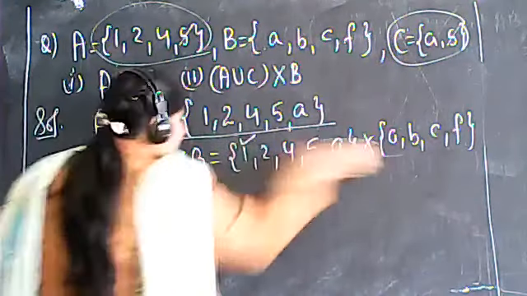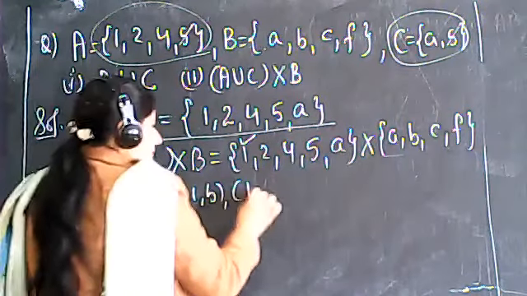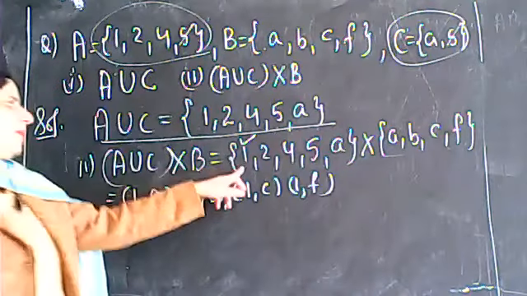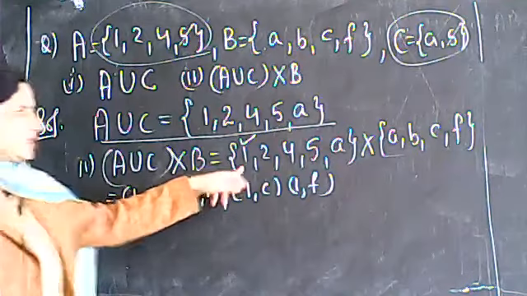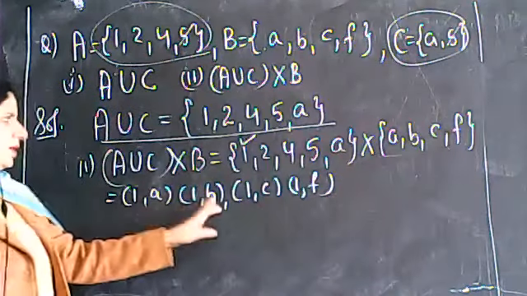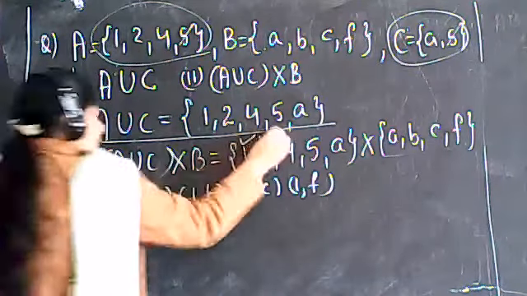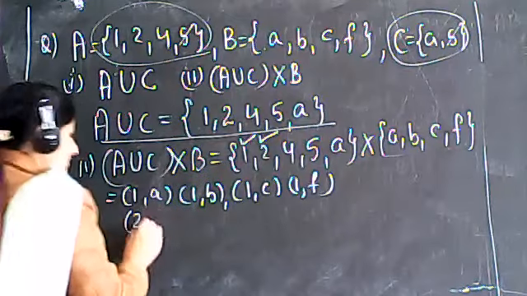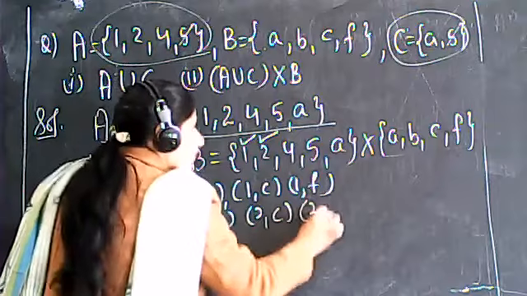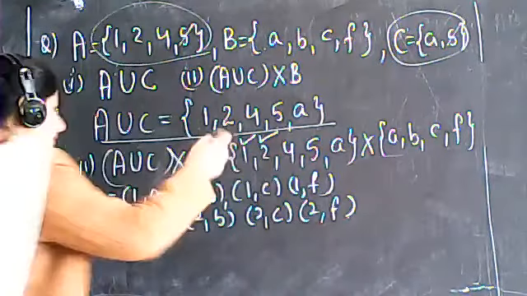First element is 1. So first pairs are 1, A, 1, B, 1, C and 1, F. Firstly, we have combined the first element of first set with all the elements of second set, that is A, B, C and F. Similarly, what is the second element? 2. So the possibilities are 2, A, 2, B, 2, C and 2, F. Similarly, next element is 4.